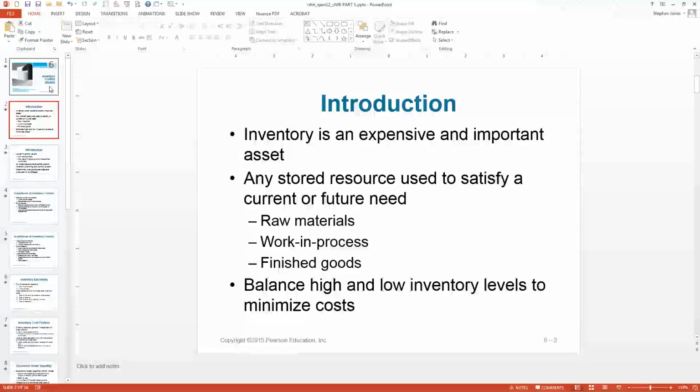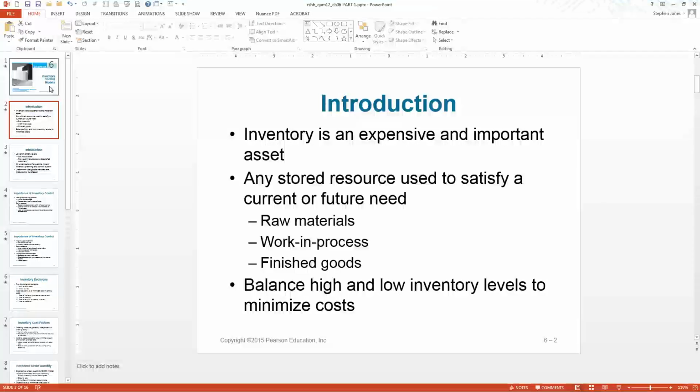And inventory is most difficult for you to move because, unlike cash, which is already liquid, or receivables, which you can factor out and get some cash on, inventory pretty much needs to get sold to somebody at some point. So it's expensive for you, it carries your name, and it's not as liquid as some other materials are.